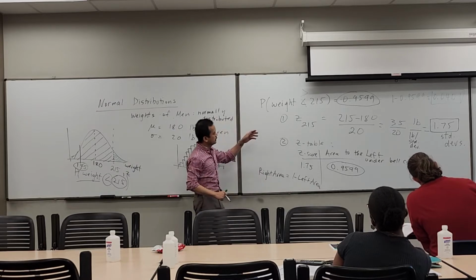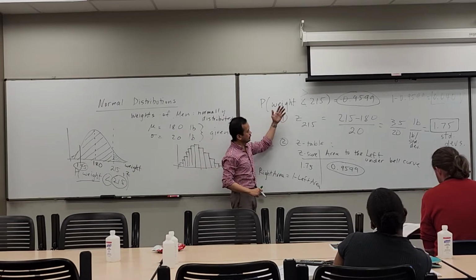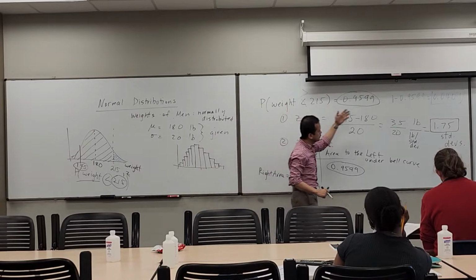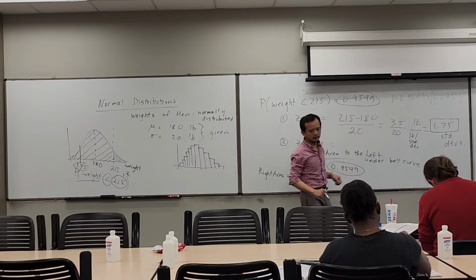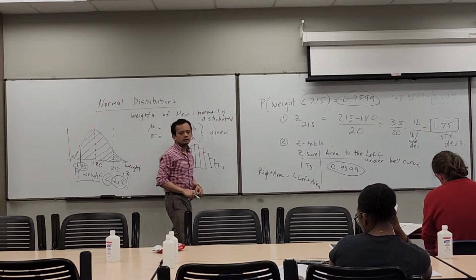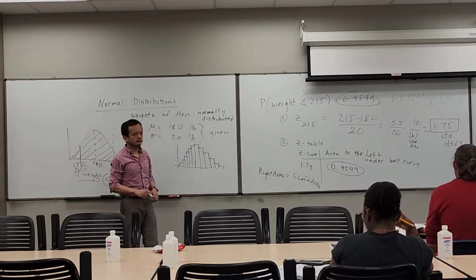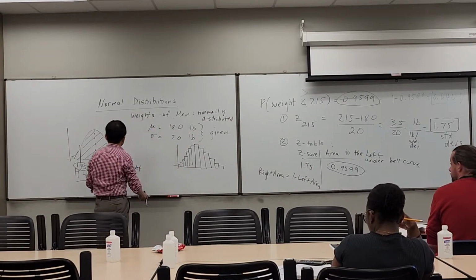Okay, so this would be the probability of having a man that weighs more than 215 pounds. So it only happens 4.21% of the time. Any questions? All right.